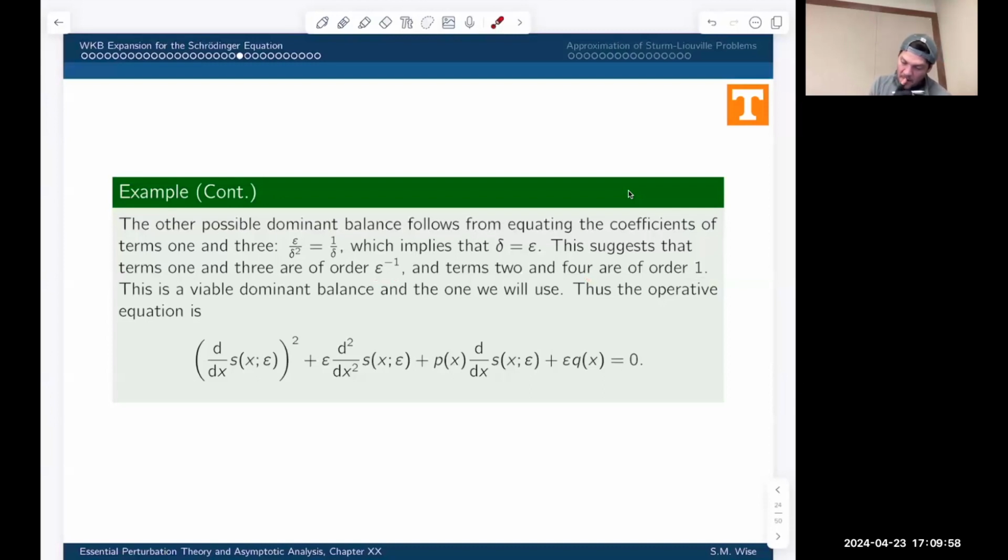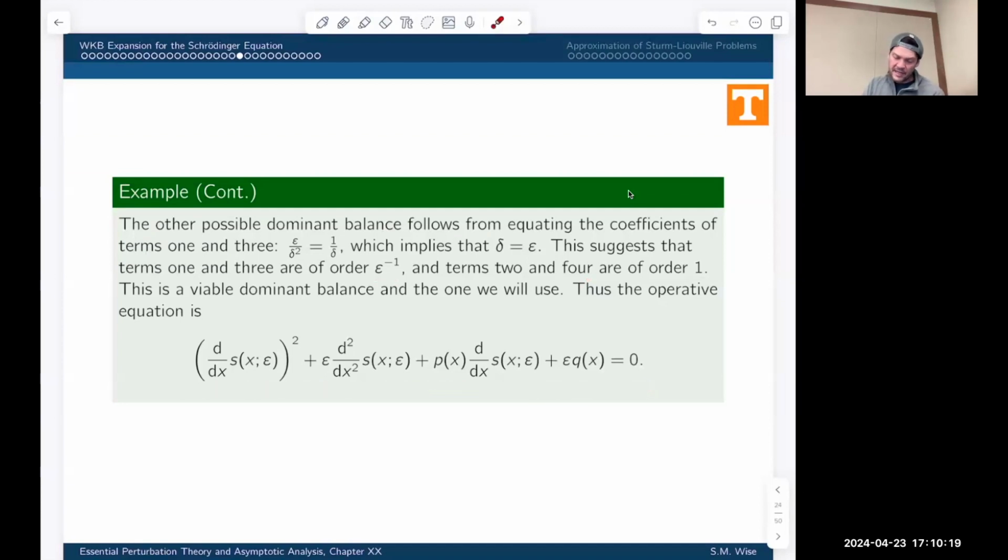This one actually leads to the full global asymptotic picture, which is more useful, obviously, than the previous case, which only gave us the outer solution. So if you plug in this knowledge that delta is equal to epsilon, then this is the equation that we get.